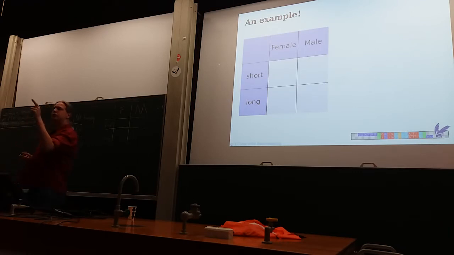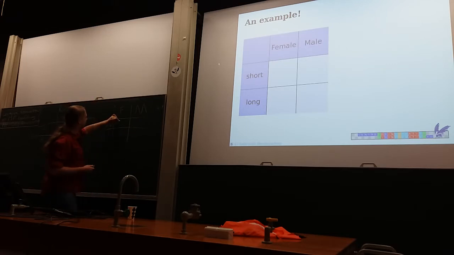I see 1, 2, 3, 4, 5, 6, 7, 8, 9, 10 women. How many of those have long hair by their own count? 1, 2, 3, 4, 5, 6. So we have 6 long hairs, 4 short hairs. Is that correct?